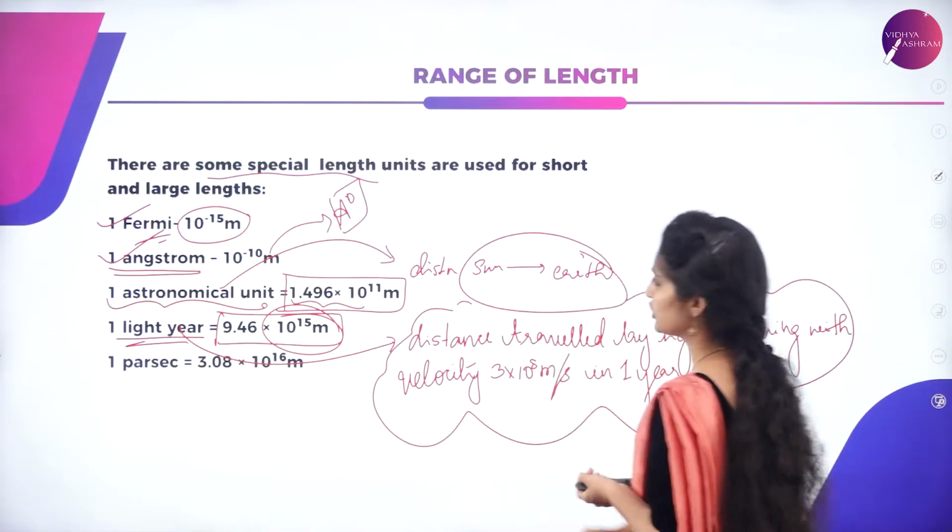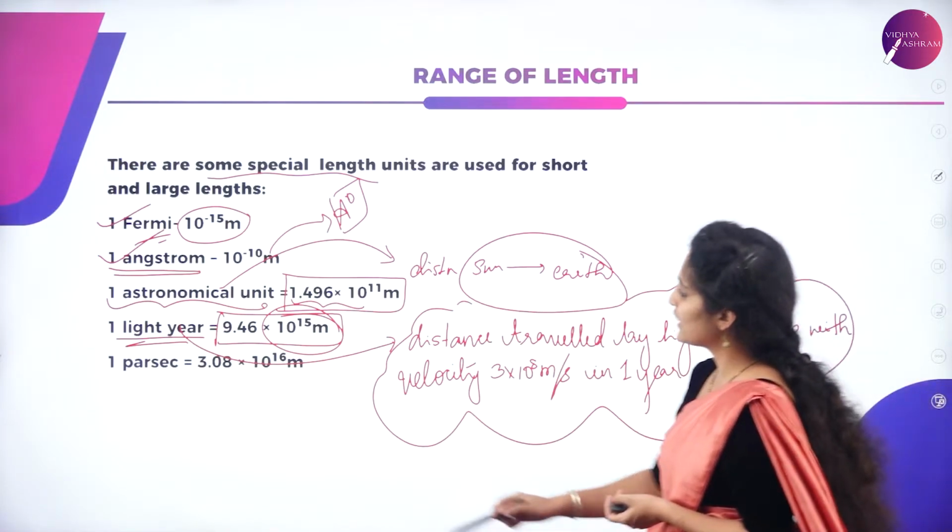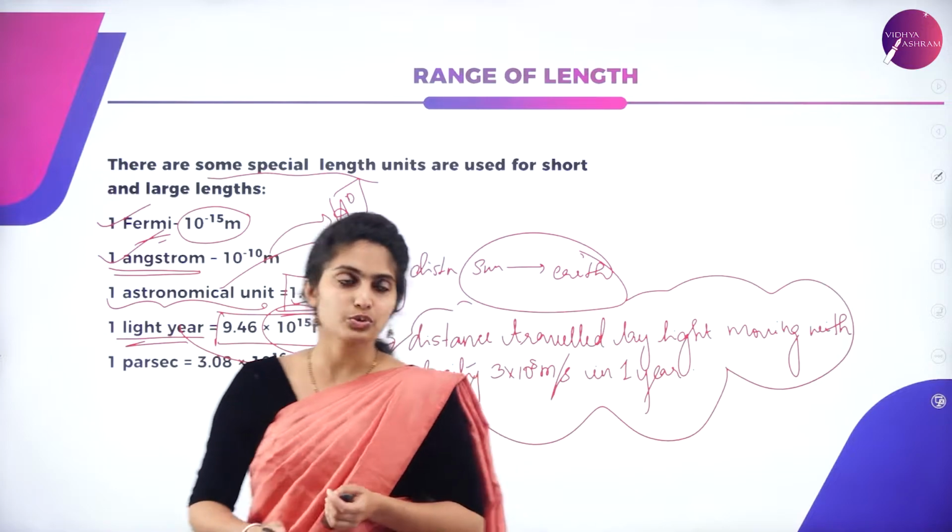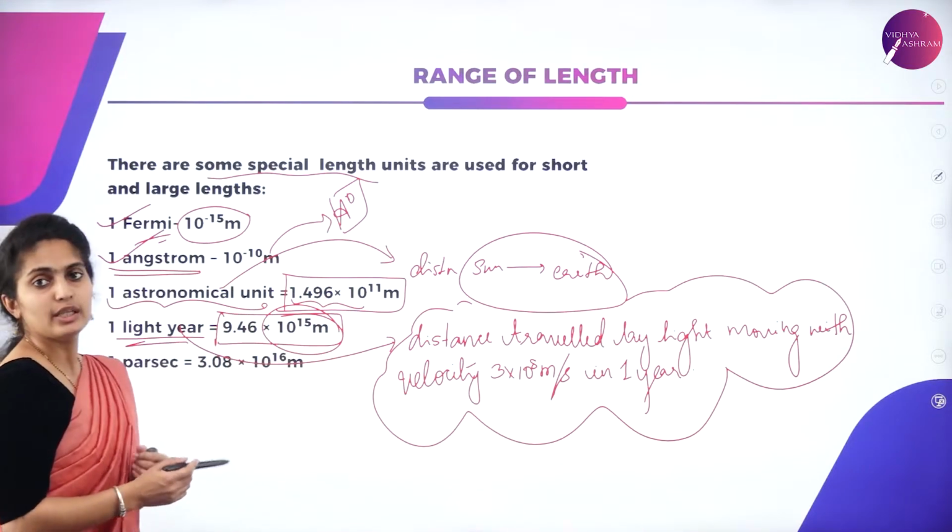So that is all about your light years. So what is the value? 9.46 into 10 to the power of 15 meter.